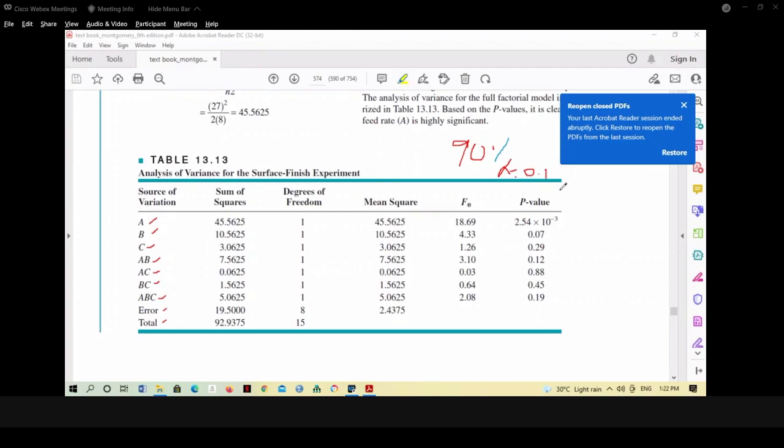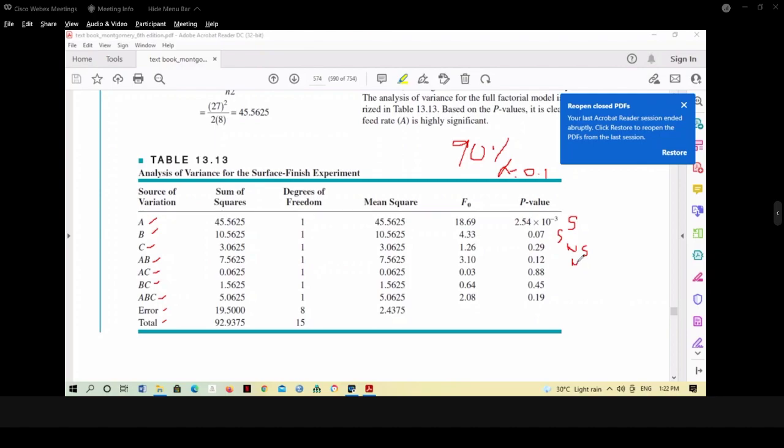If the P-value is 0.07, that is less than 0.1, so it is significant, and the rest are not significant.